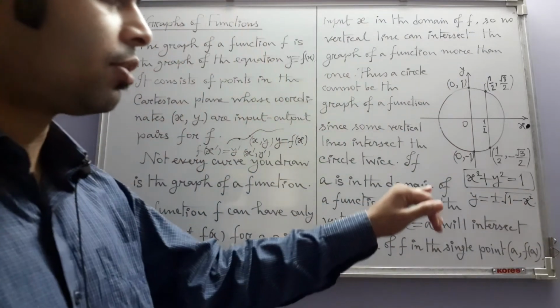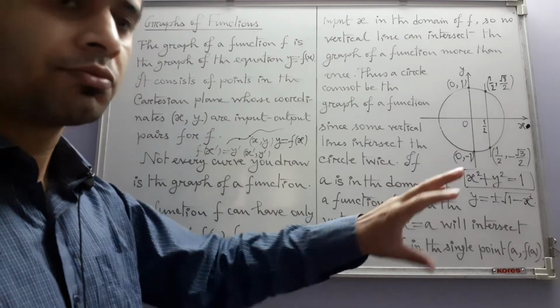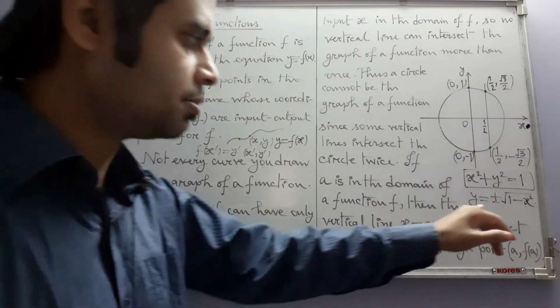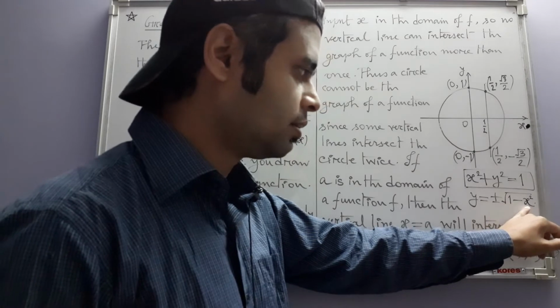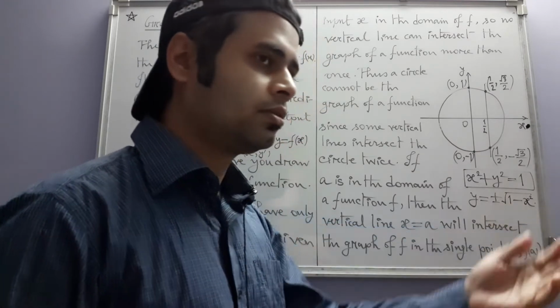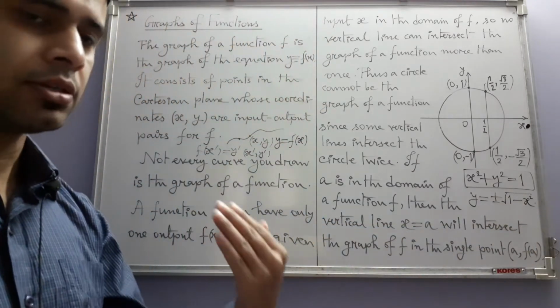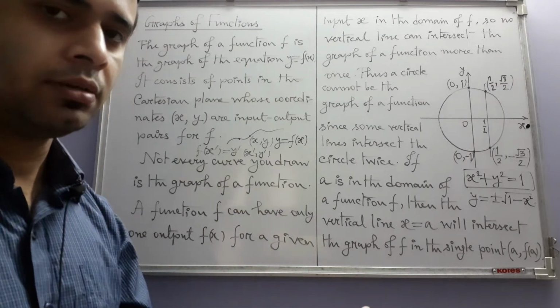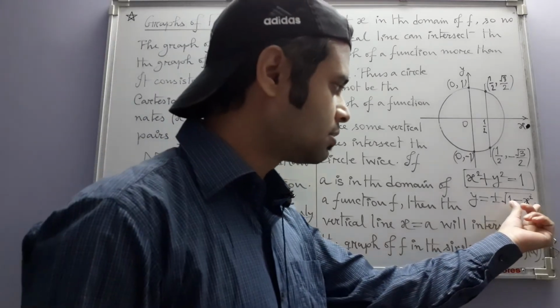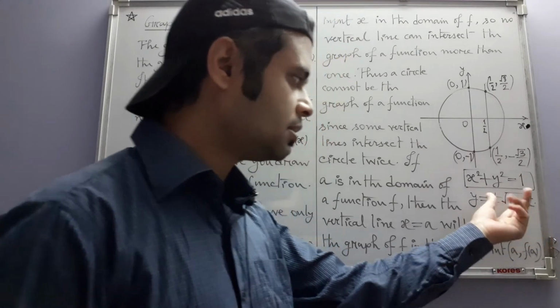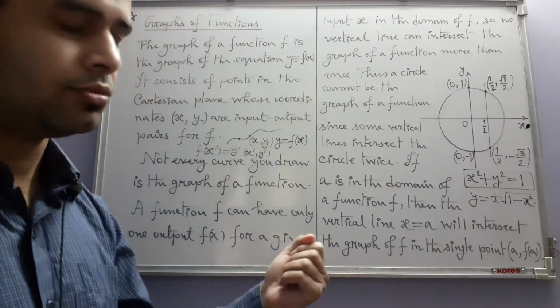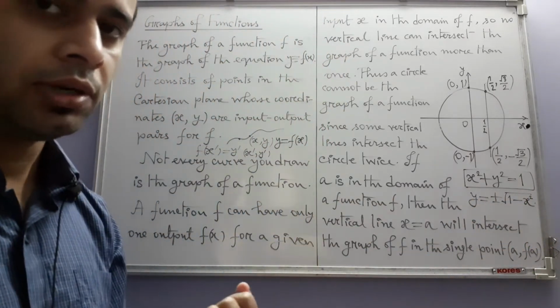So accordingly, for a given value of x from the set of permissible values, because you see here that x cannot be less than -1, and also at the same time it cannot be greater than 1, because otherwise the expression inside the radical will be negative, and y will no longer be a real number.